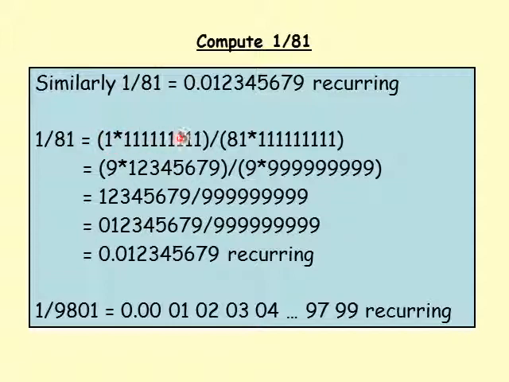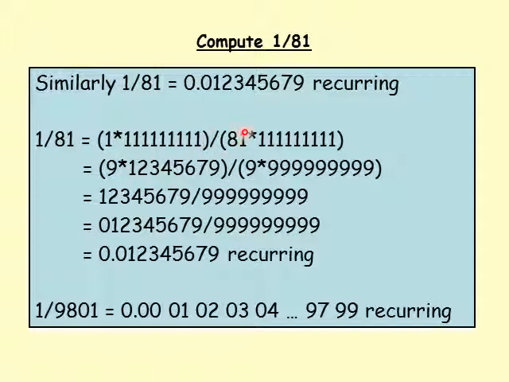We factor this out in the numerator. It's 9 times 1, 2, 3, 4, 5, 6, 7, 9. We know that when we divide a sequence of 9 ones by 9, we get 1, 2, 3, 4, 5, 6, 7, 9. So 1, 2, 3, 4, 5, 6, 7, 9 is a factor of the sequence of 9 ones, and the other factor is 9.